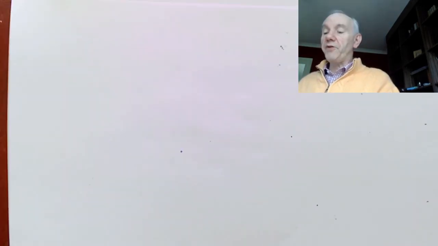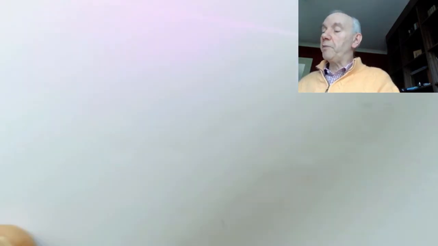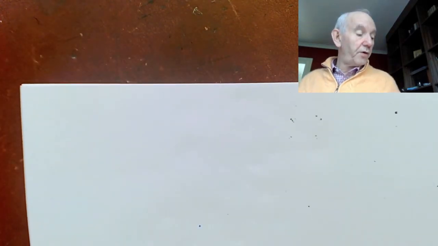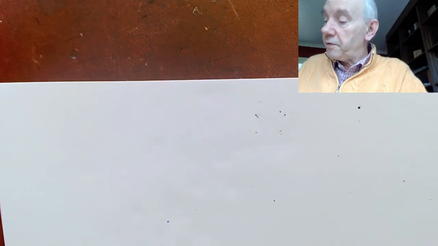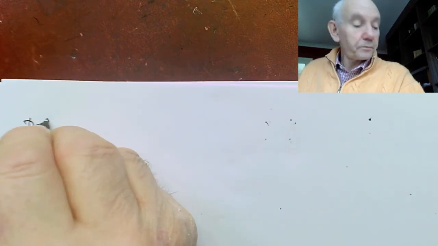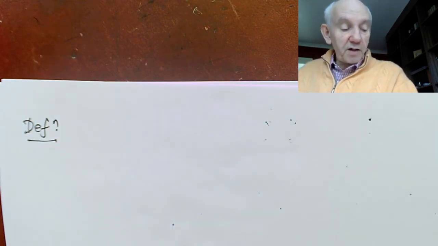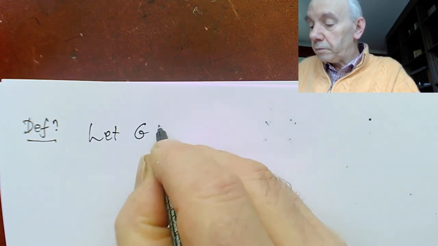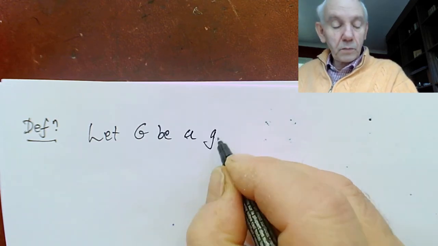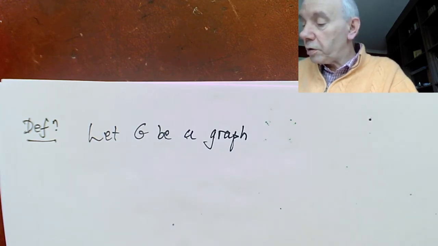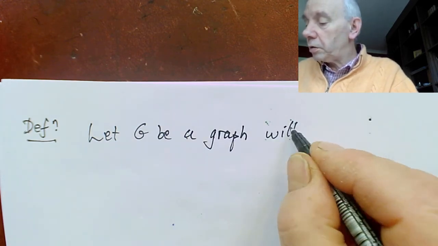As we gave the definition of homeomorphism, I need another definition now which involves contraction of edges. So, third definition for today. Let G be a graph with an edge, call it UV.